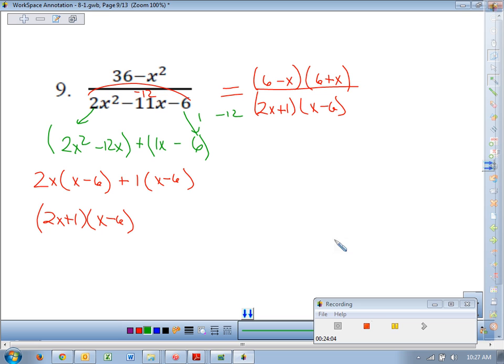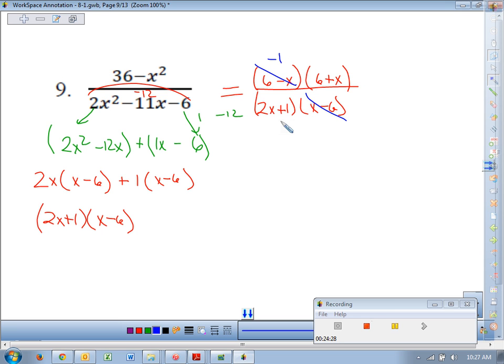Nothing perfectly cancels. Do you have a set of opposite binomials, though? So finish this problem. Which ones are opposites? When you're canceling opposites, a negative 1 has to pop out of one of them. Wouldn't that be these with a negative 1?